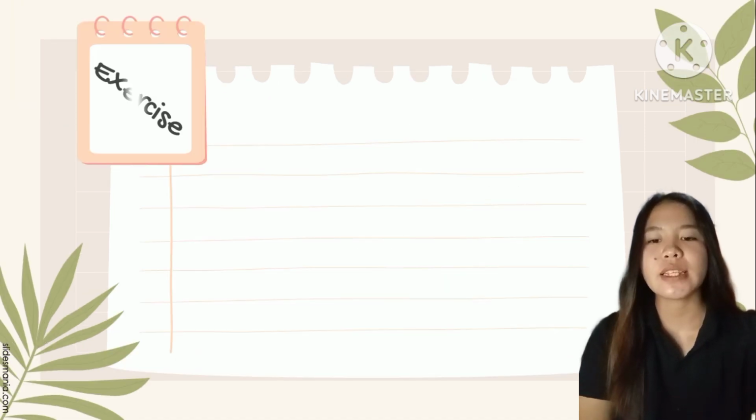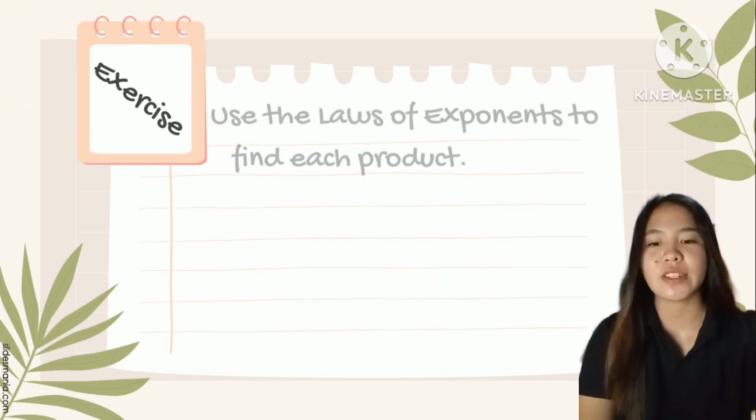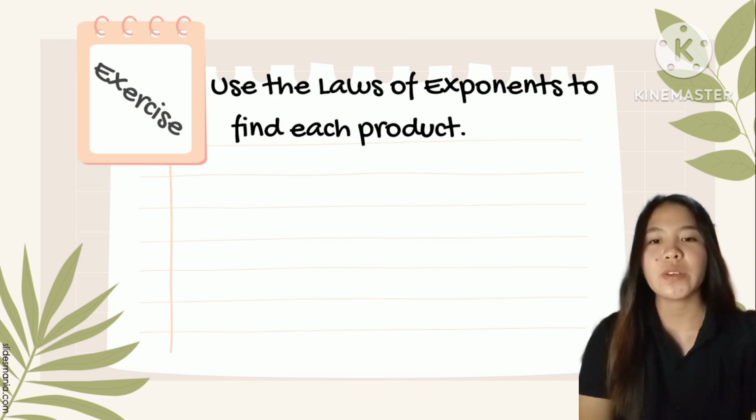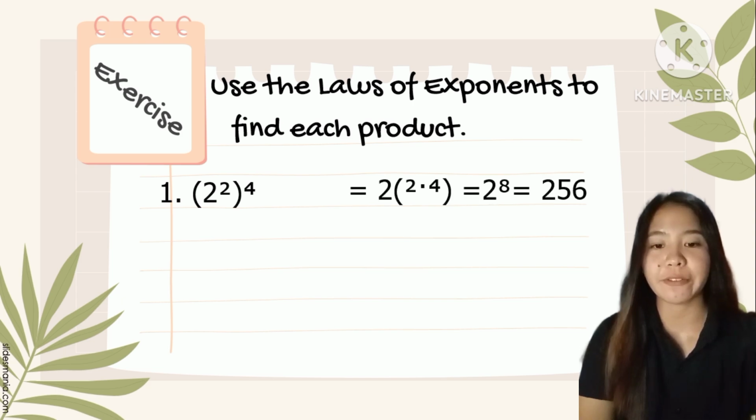Okay, let's have some exercises here. Use the laws of exponents to find each product. First is 2 squared raised to 4. What we are going to do is multiply the exponents first.